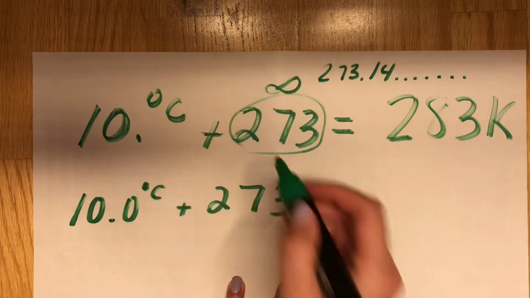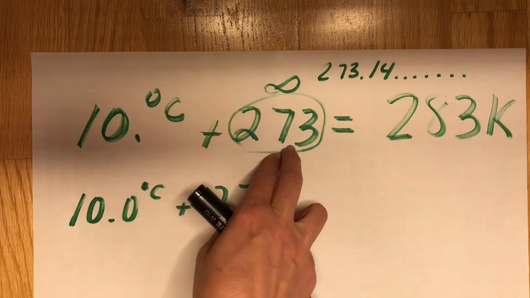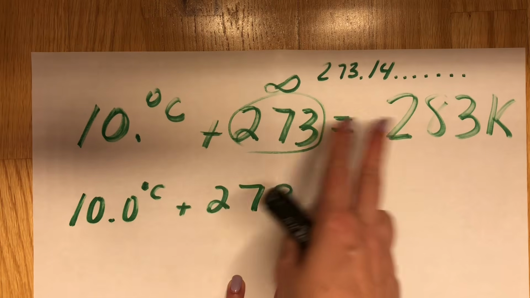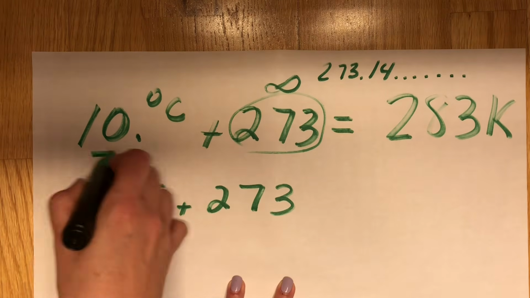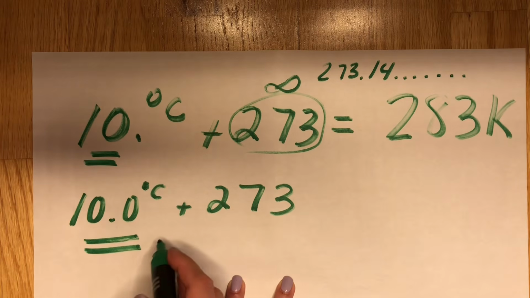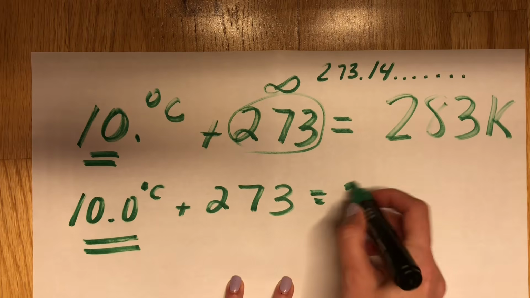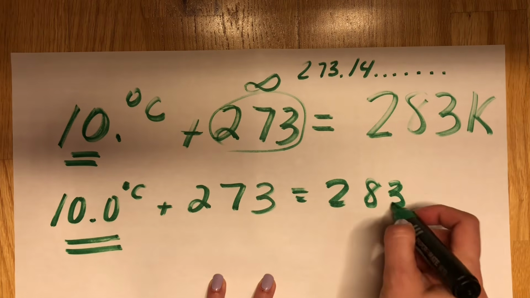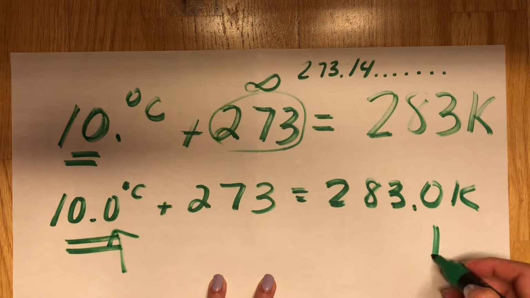We generally like to use 273, it's just easier. So please do not look here for sig figs. There are more sig figs in this measurement. So I'm going to look at my original measurement when I'm adding. And I notice in this instance I have a tenths place. So my answer is no longer 283, but rather 283.0 K. Tenths place, tenths place.